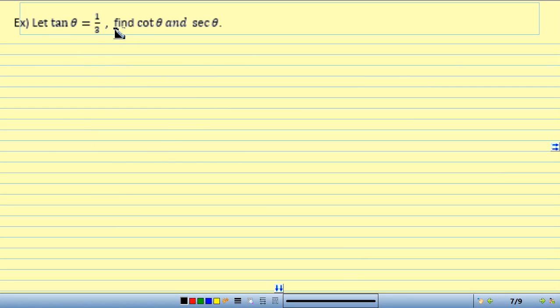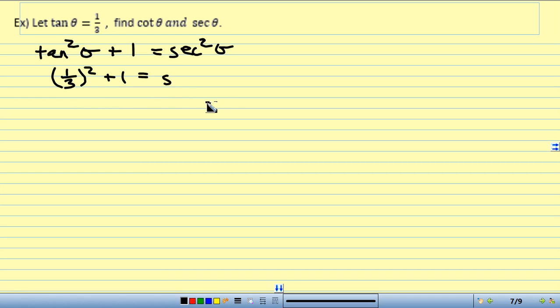So let tangent theta equal 1/3, find cotangent theta and secant theta. Well, we know that tangent squared theta plus 1 equals secant squared theta. So I should be able to find secant of theta from the secant squared theta. So I've got 1/3 quantity squared plus 1 equals secant squared theta.